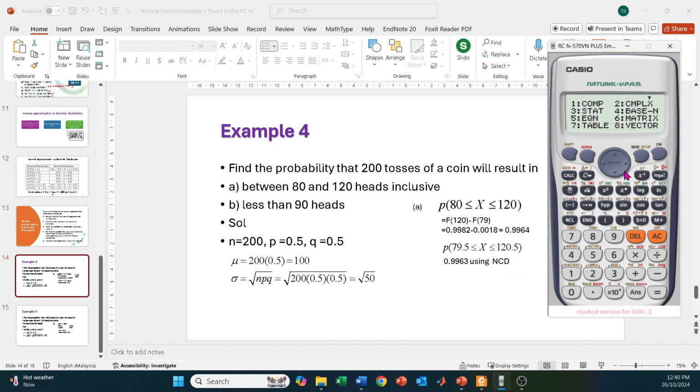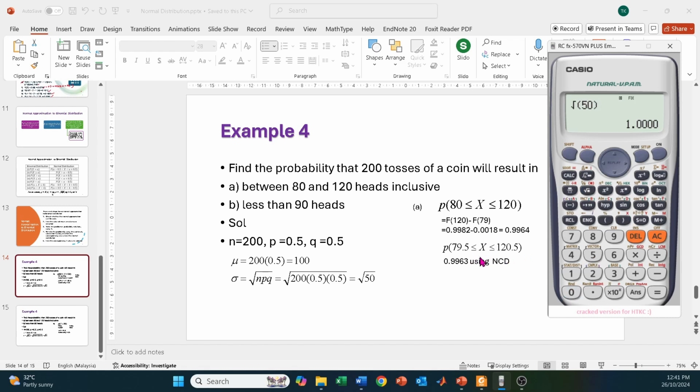So we go back to distribution number 3, normal CD, which is option number 2. Lower is 79.5, upper is 120.5. Sigma here is the square root of 50, because this is x, not z.